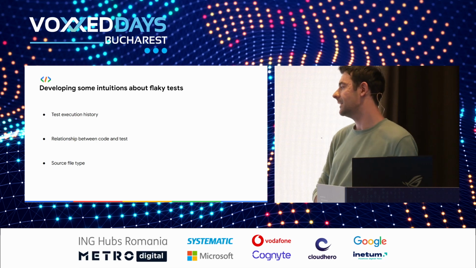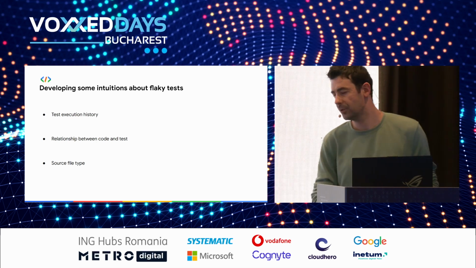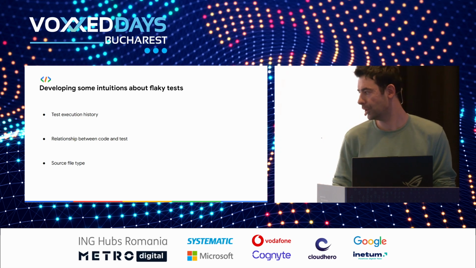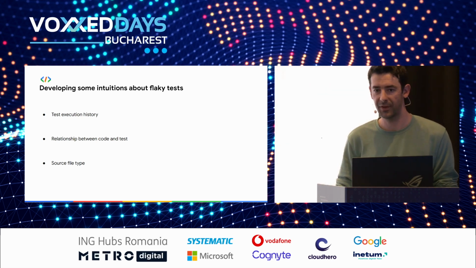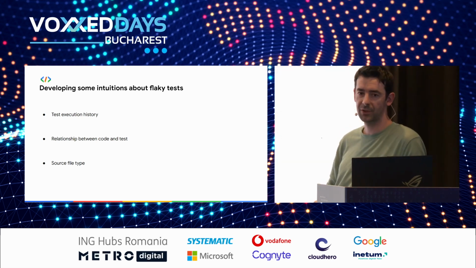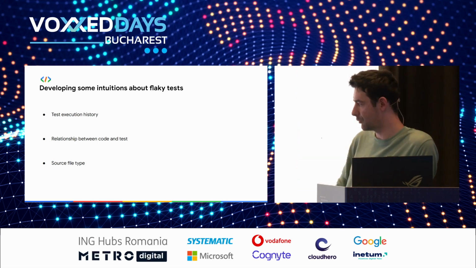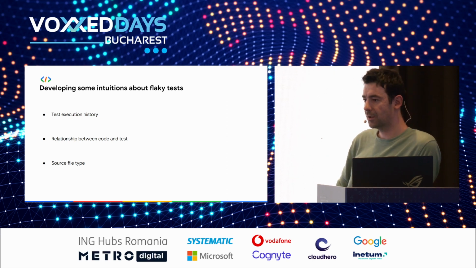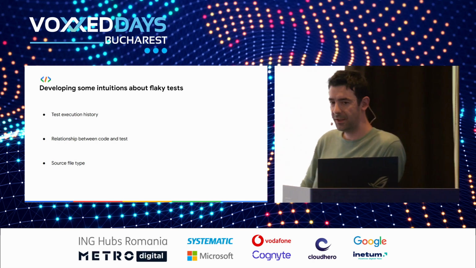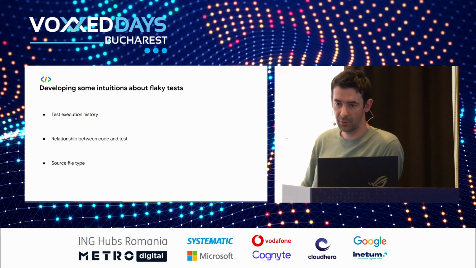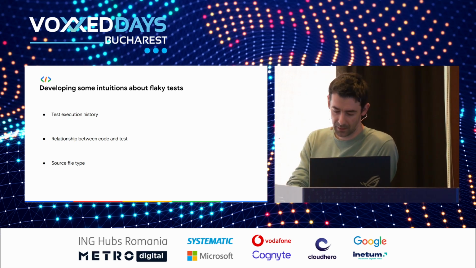Of course, that doesn't necessarily mean something is wrong, because maybe you changed some configuration that those tests depend on, so obviously your test will fail. But in general, if you change non-code files and you still have test failures, maybe there is something fishy going on over there, and maybe you should look into that.